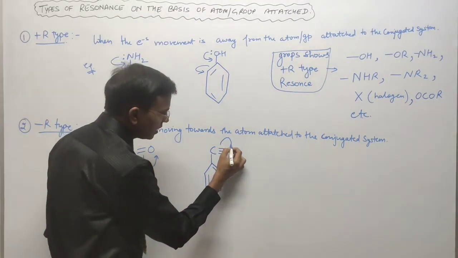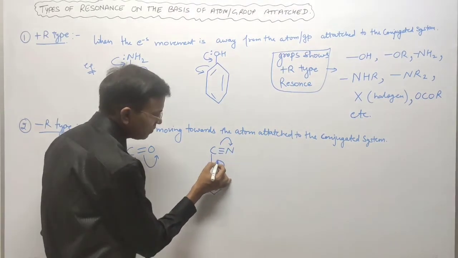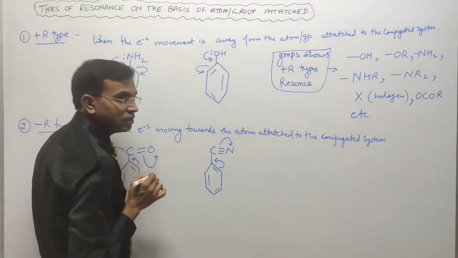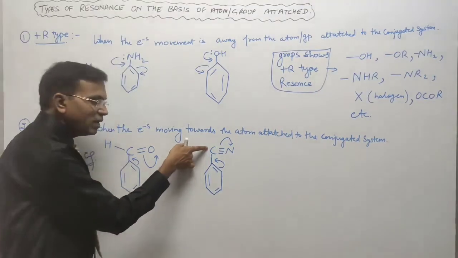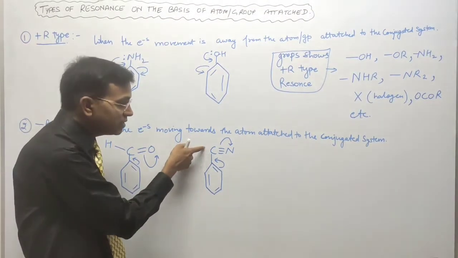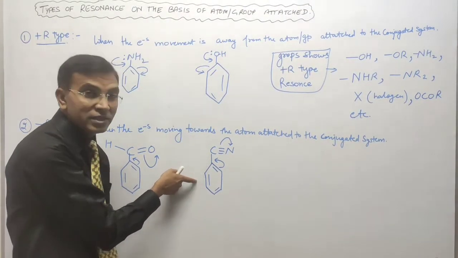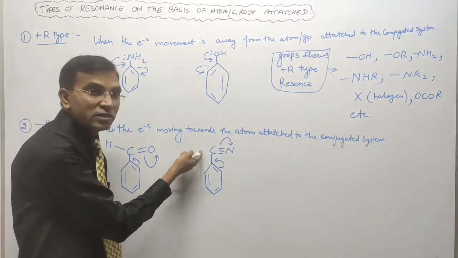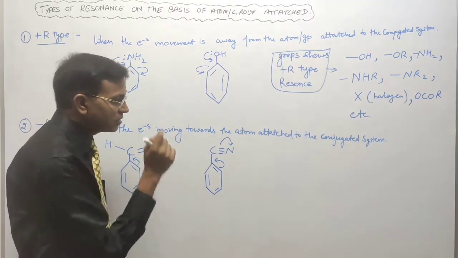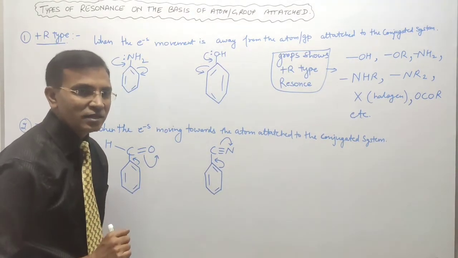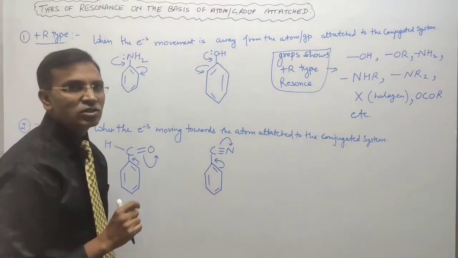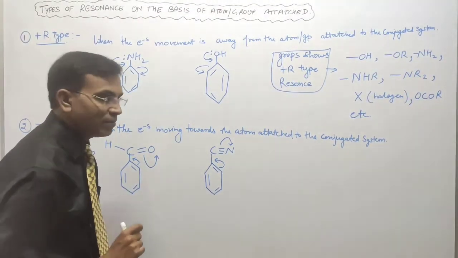It withdraws the electrons, and these pi electrons come this side. So this is the carbon attached to the conjugated system, and the electrons are moving towards the atom attached. So this type of resonance is called the minus R type, right?